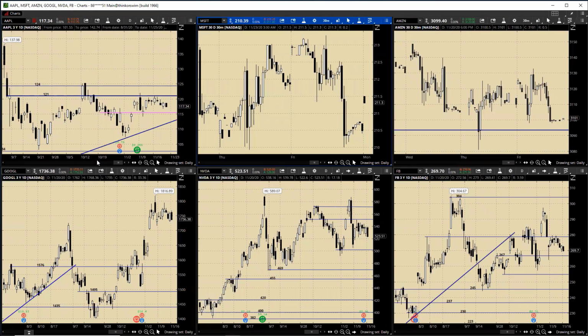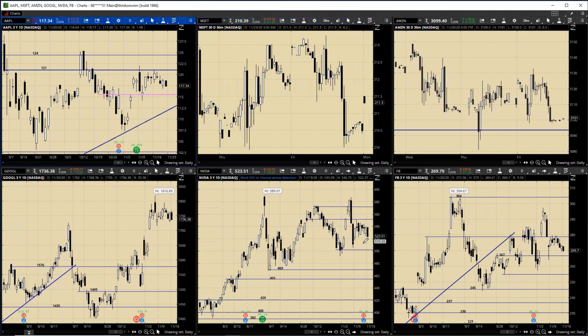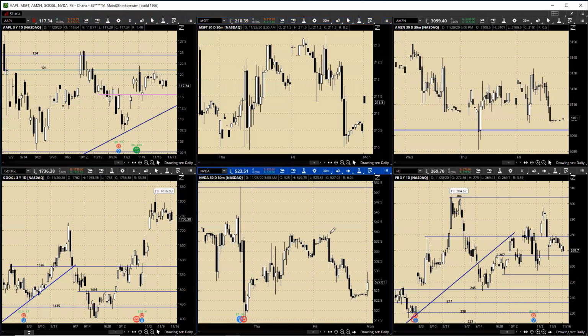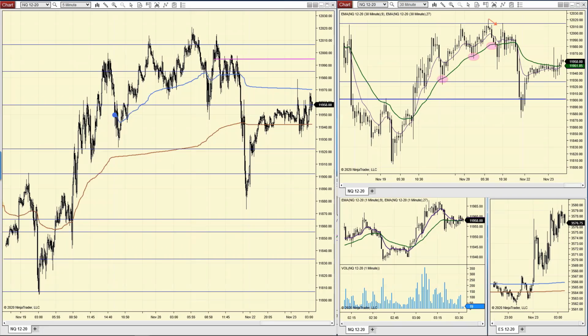And NVIDIA, nice little yank down here, 523, see where they're at. Bolted up to 530, but we're at 527 right now. And back into the indices.